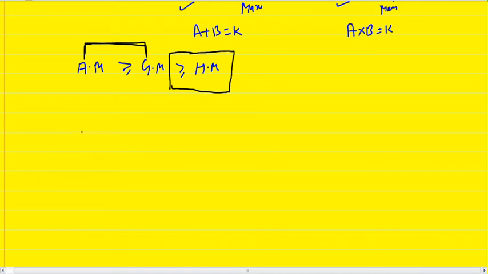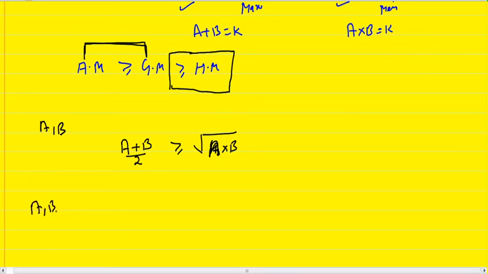What is that comparison? If A and B are two numbers, then the arithmetic mean of these numbers is more than or equal to their geometric mean. What is geometric mean? Square root of their product.